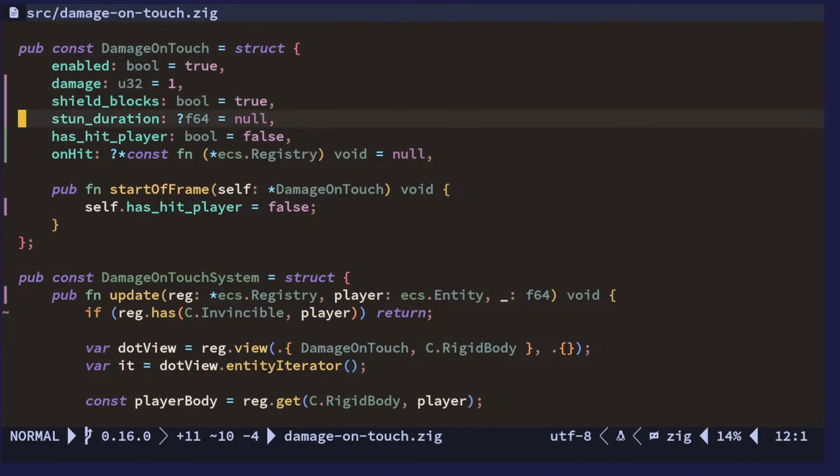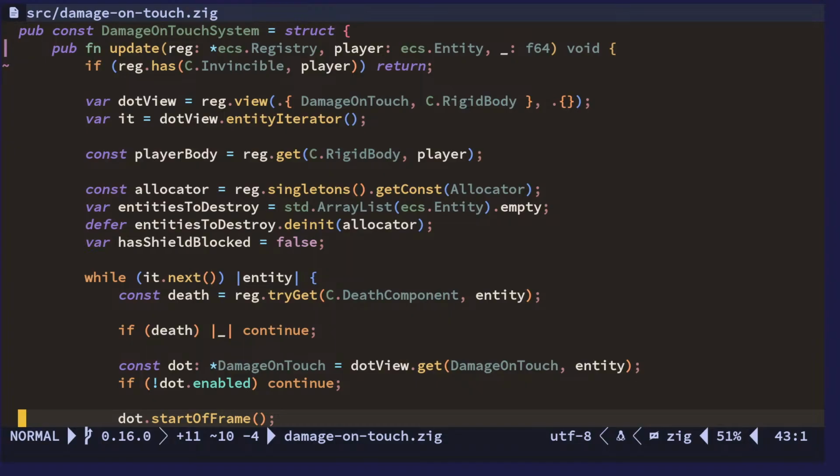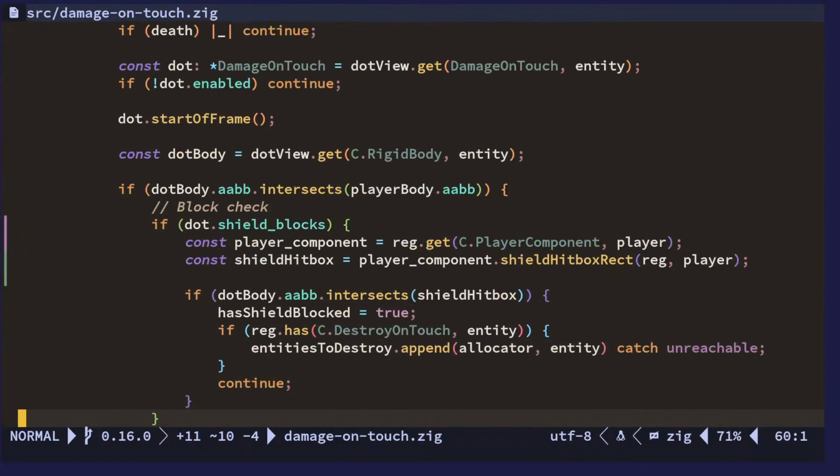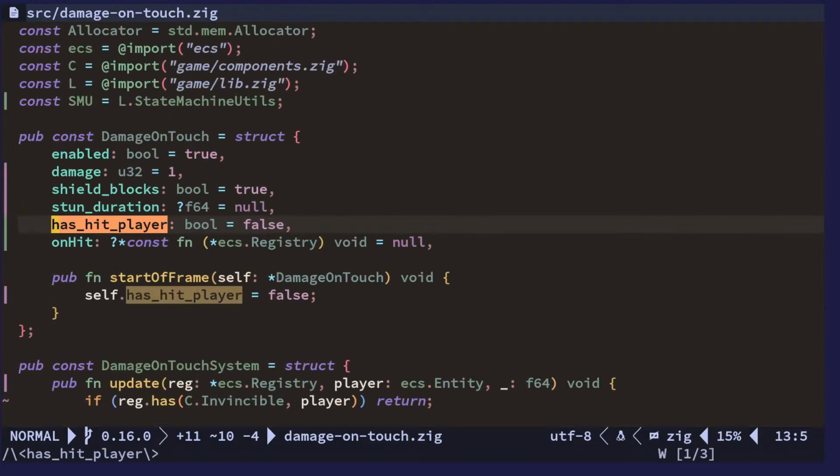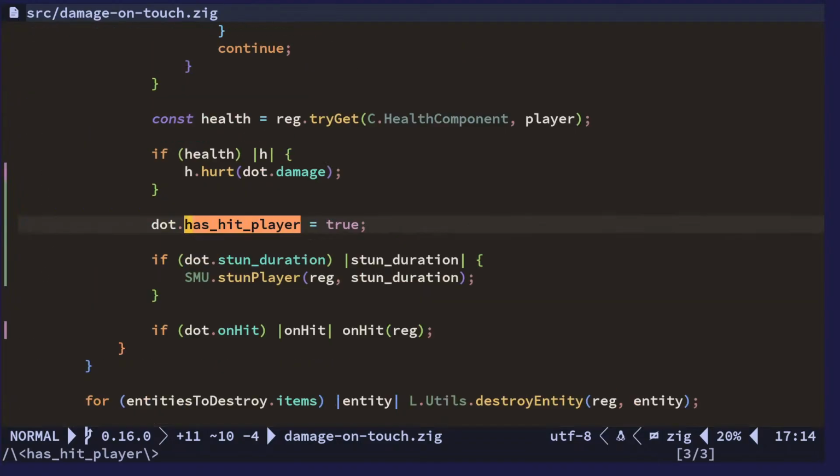So there's one of these per monster, and each one can only hit the player once, I guess per frame, because I think it's reset every frame.